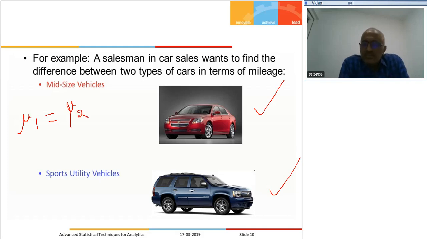Now the question here is: is it possible for us to solve this problem now? And if so, how to do it? Or do we know how to solve a problem of this kind? I hope this is clear, right? So two populations are there, and we want to find whether the means of the two populations are the same or different.